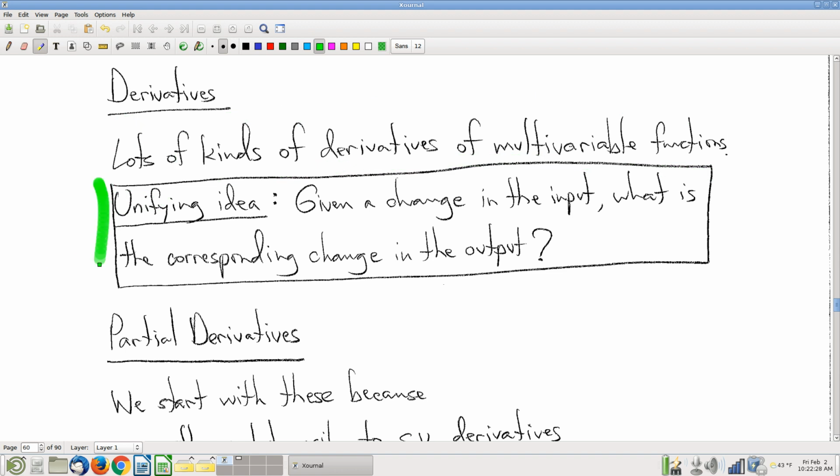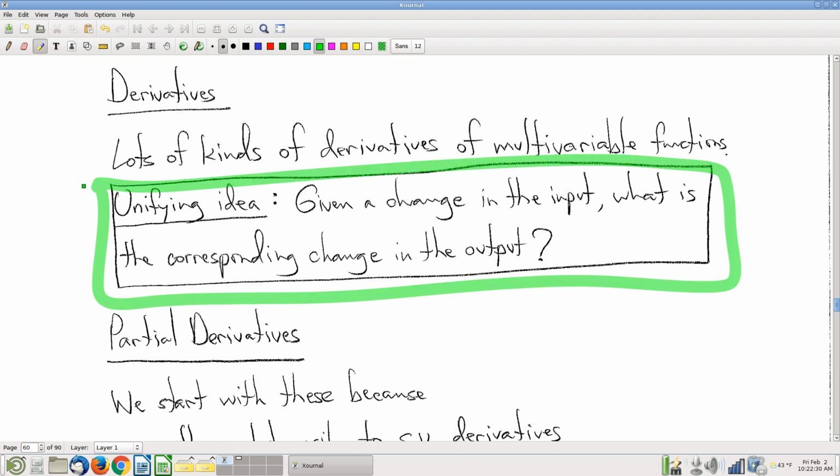Okay, there is one thing that they all have in common. I call it the unifying idea here, and that is they relate input changes to output changes. If you have a function, keep in mind a function is a thing where something goes in and something comes out. Well, no surprise, if you change that input a little bit, it's going to change the output in some way.